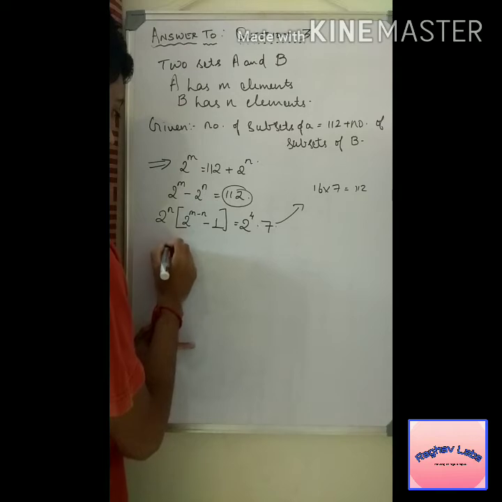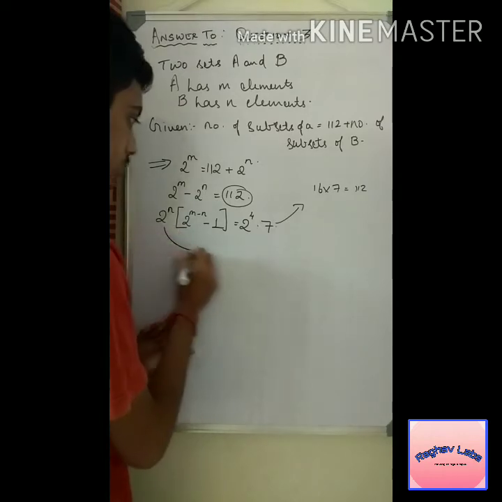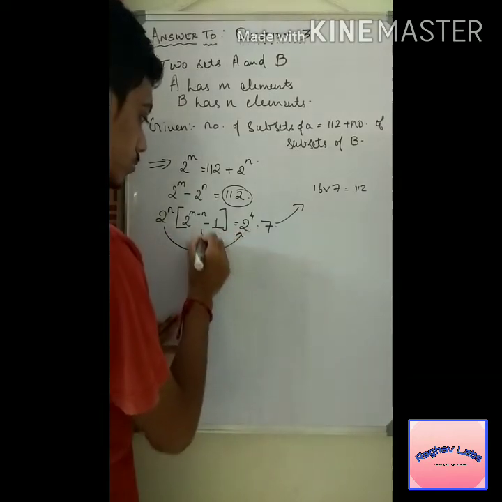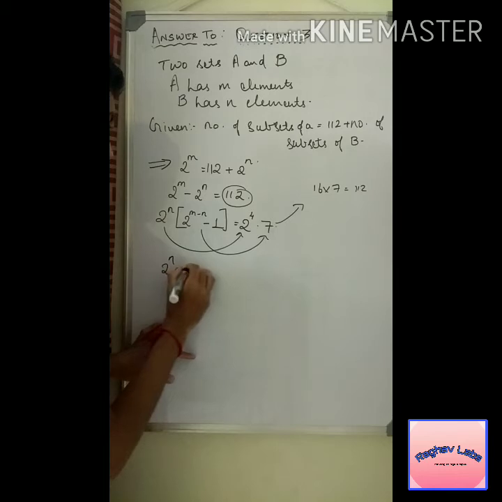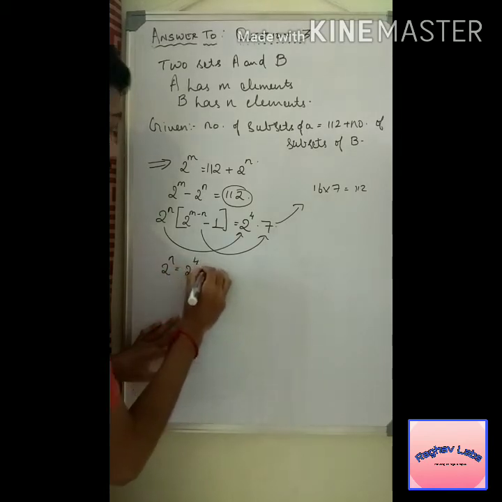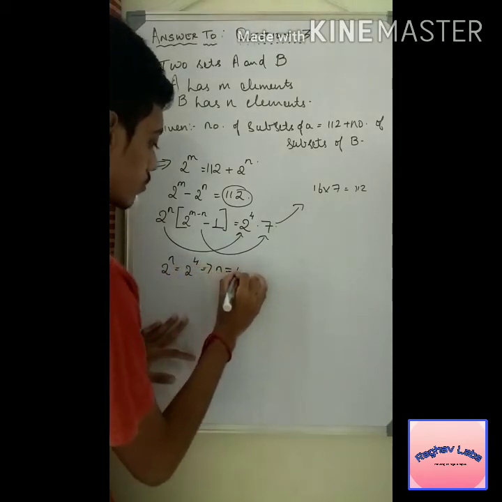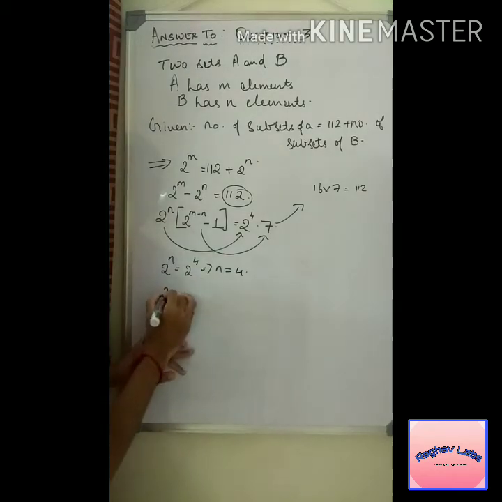So, equating LHS and RHS this way, we get 2 to the power of n is equal to 2 to the power of 4, which implies n is equal to 4.